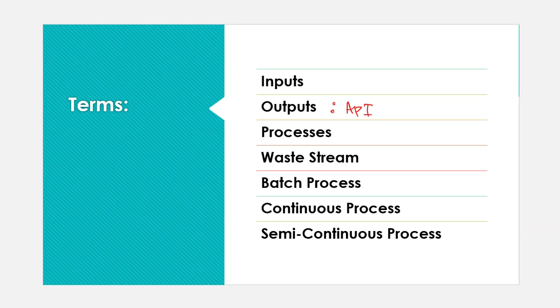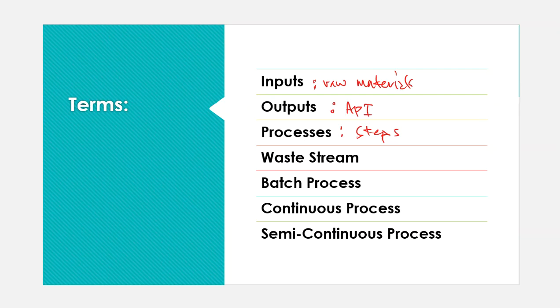And that is what we would call the molecule of interest or the target molecule, all right? Inputs are all of the raw materials. That's what that's called, all right? Raw materials. There we go. Processes are just the steps that are needed in order to make that process happen.